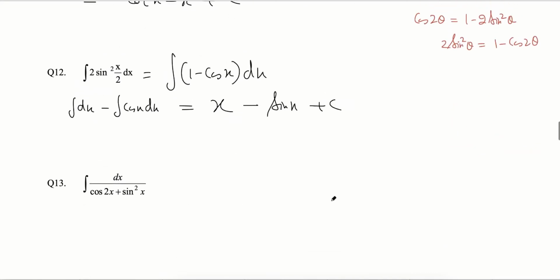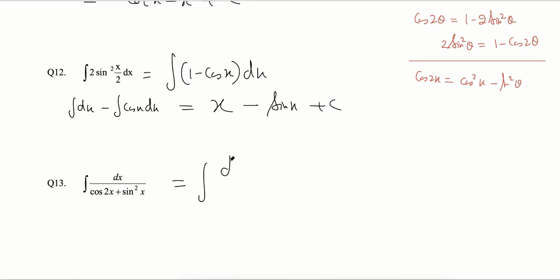Question number 13. Again, a very simple question if you know trigonometry. Trigonometry is very important because this is a trigonometry based question. Cos 2x, just now I told you the formula, is equal to cos square x minus sin square x. This formula will work perfectly here. Why so? Because that will kill the sin square x.